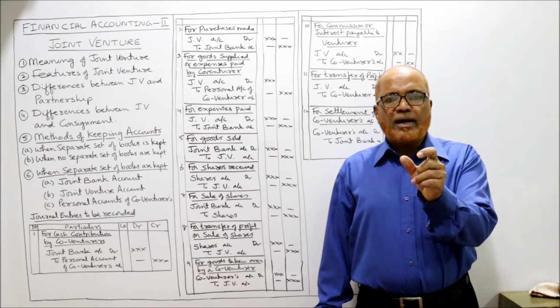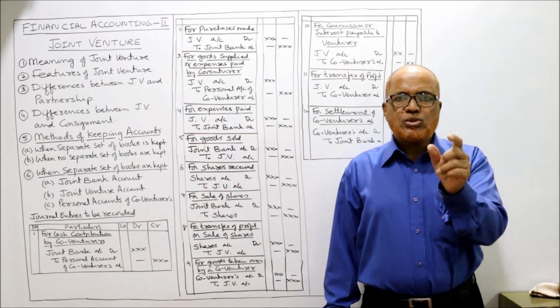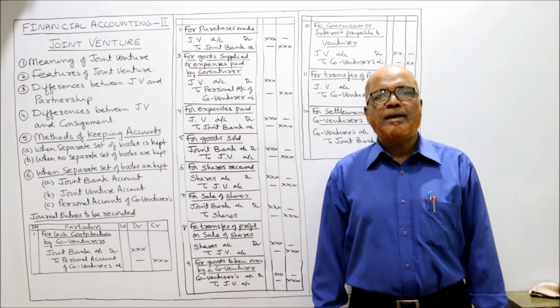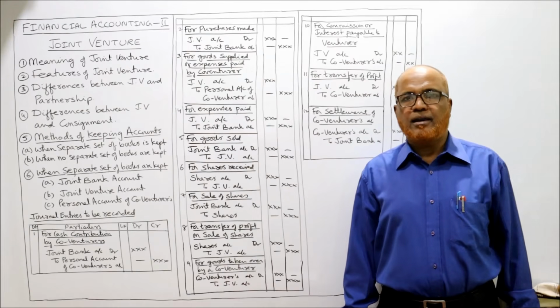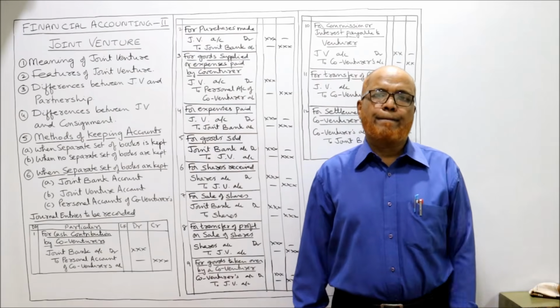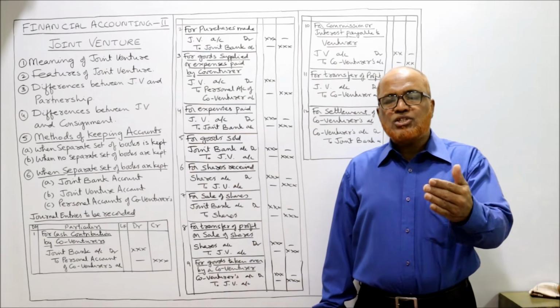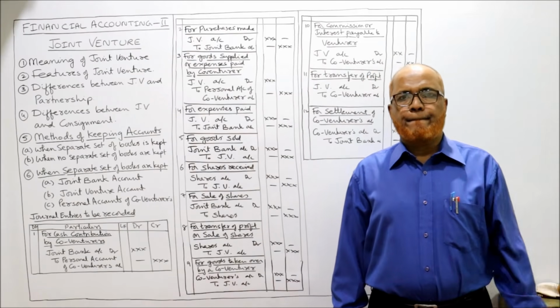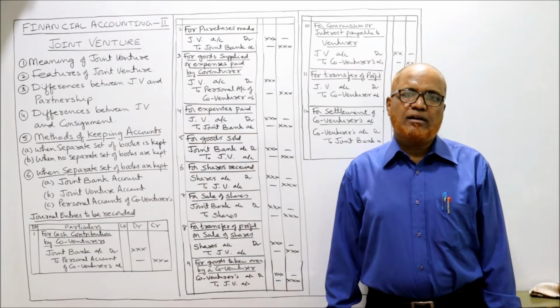Next, a joint venture is undertaken only for a particular venture. As soon as the venture is completed, the relationship will be over. But in case of partnership, it's a long-term agreement. It's not for a particular project, particular venture. Similarly, the profit of each venture will be calculated separately, whereas in case of partnership, the profit will be calculated annually.